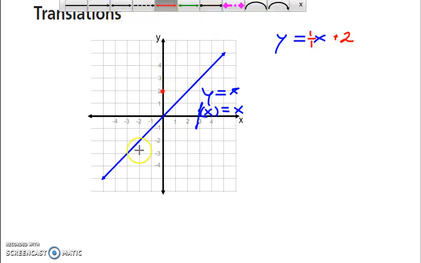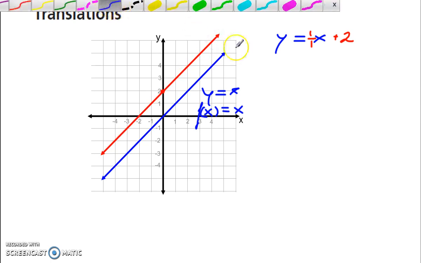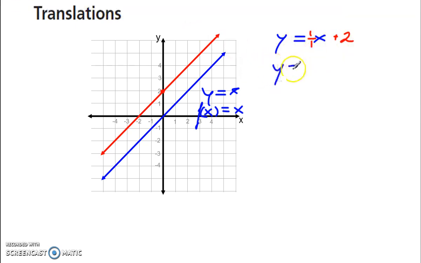So now I have this graph. I took f of x and I added 2 to it, so I could write this as y equals f of x plus 2.